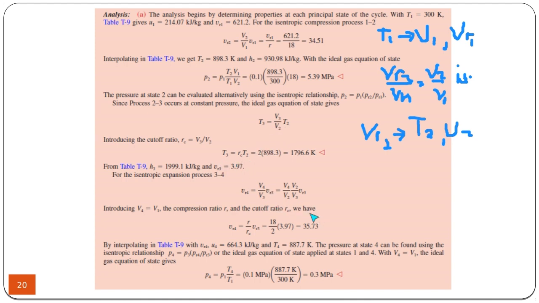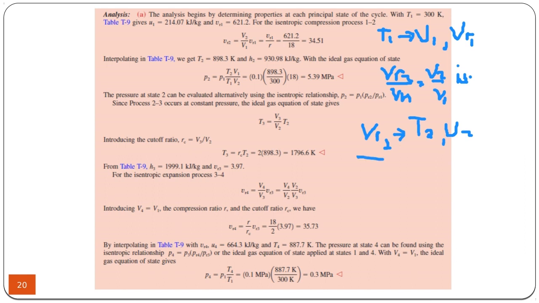So we find the temperature at the end of the combustion to be 1796 or 97.